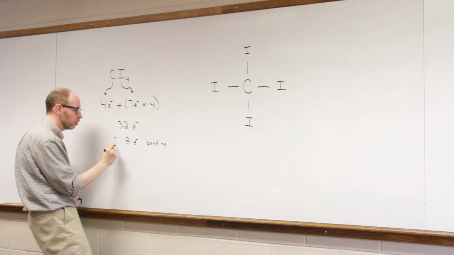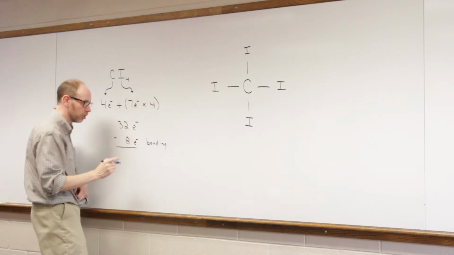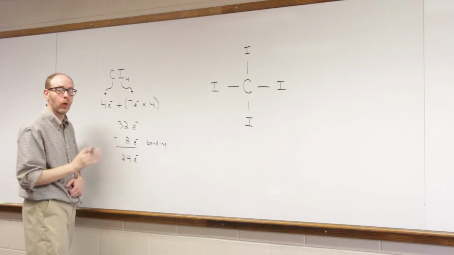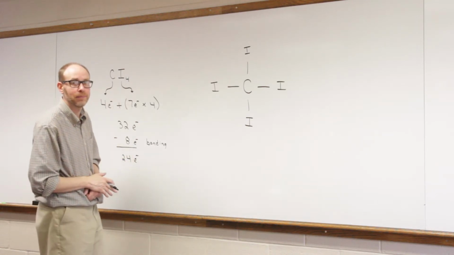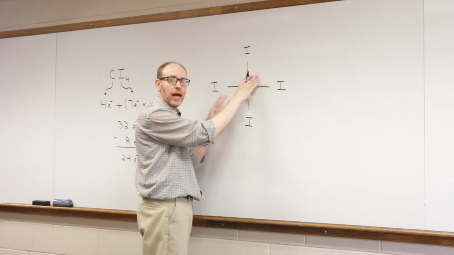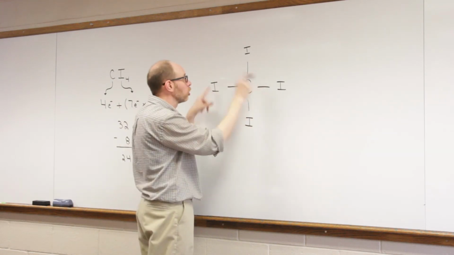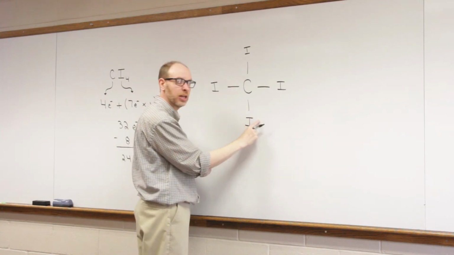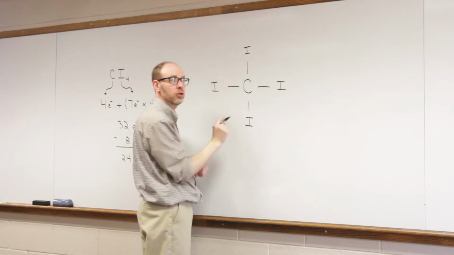So we're going to subtract those away. We already have them in our structure. That leaves us with 24 electrons that we have to add. Now, once we've found the central atom and arranged everything around it, we're going to look at the terminal atoms, as they are called. So the iodine atoms are going to be next.